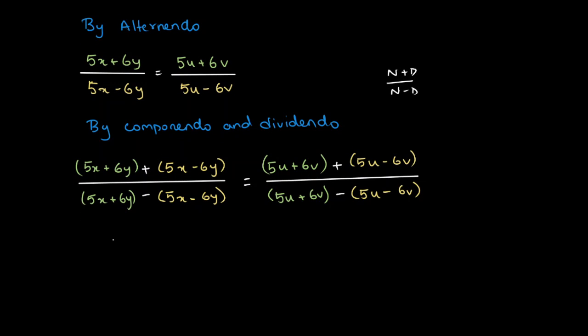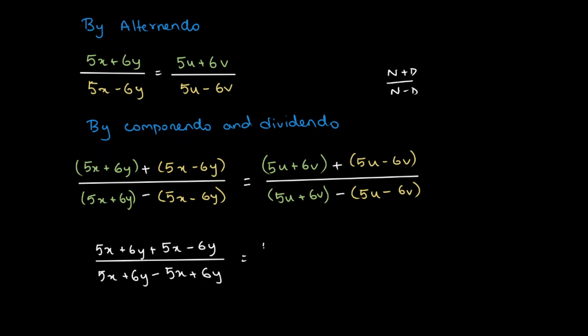So in the numerator on my left hand side, I have 5x plus 6y plus 5x minus 6y, right? Entire thing divided by 5x plus 6y. Now this minus here makes it minus 5x, and minus into minus will make it plus, so plus 6y, right?